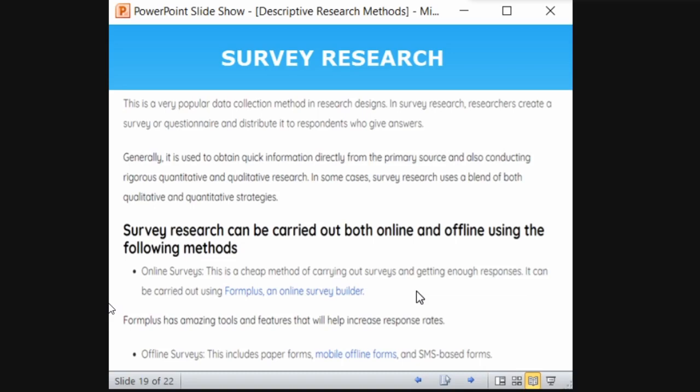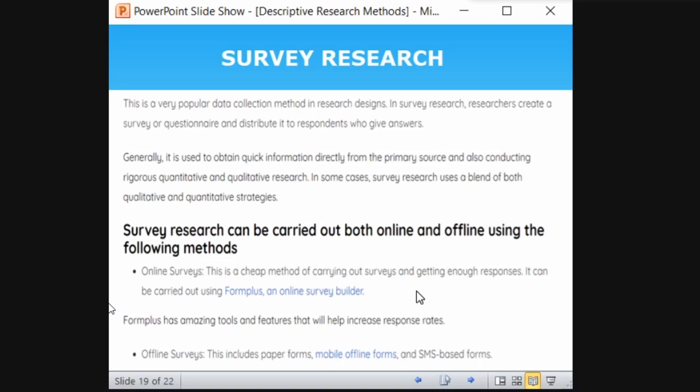Whenever you attend a webinar, they ask for a feedback form, right? That is one kind of survey. Surveys can be carried out both online and offline. One is online, which is a cheap method, like Google Forms or SurveyMonkey or whatever other tools are available. You can create a survey online and share it via social media platforms.